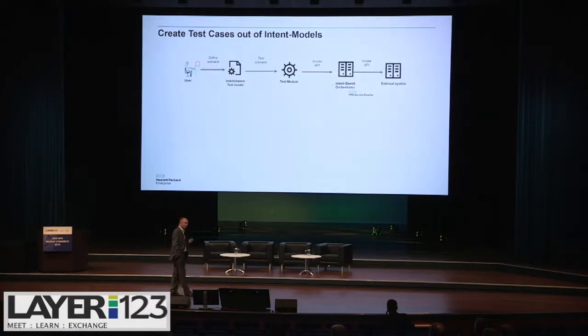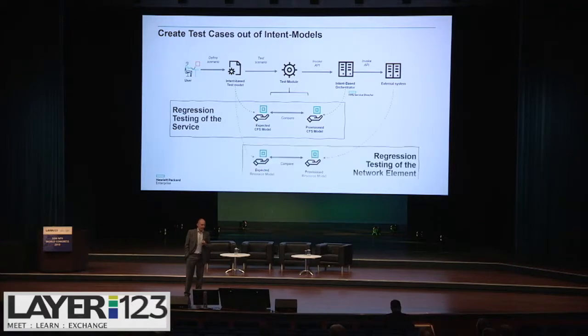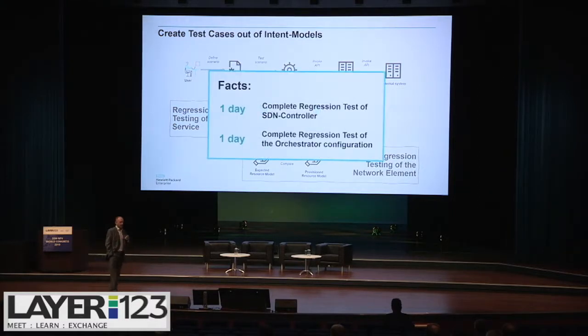And then with this, you can do two things. You have your test environment, so you can run regression testing of the services by testing the model against the orchestrator, so you know what services you're deploying. And you can do a regression of the network element. In one customer's project, where we have network elements or SDN controllers provided every month, instead of lengthy manual test procedures, we continuously regression test within one day the entire SDN controller and the entire orchestration.